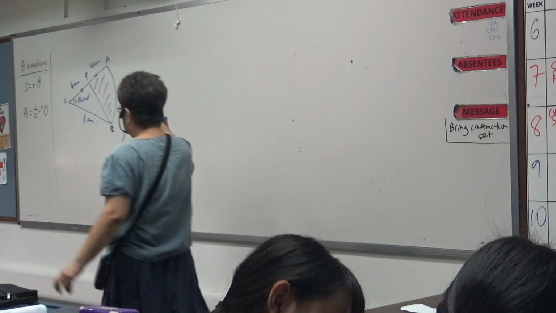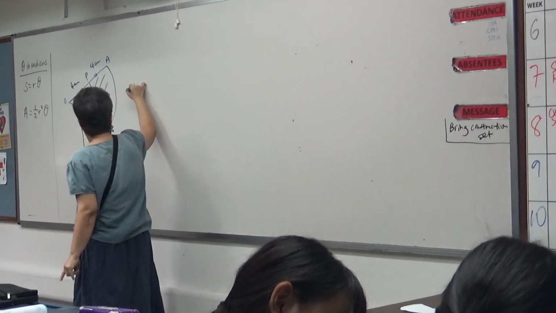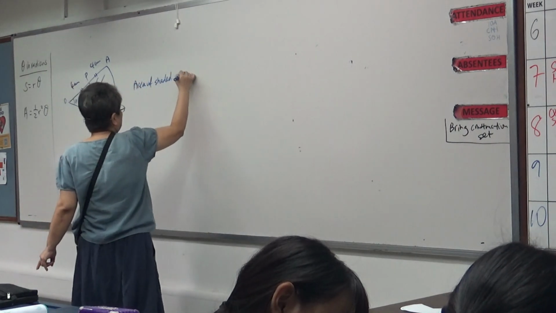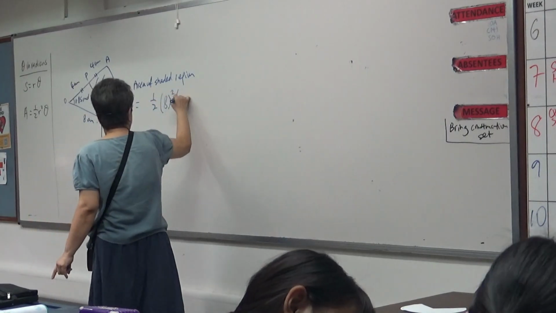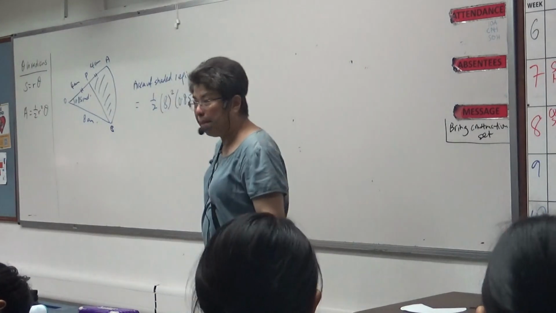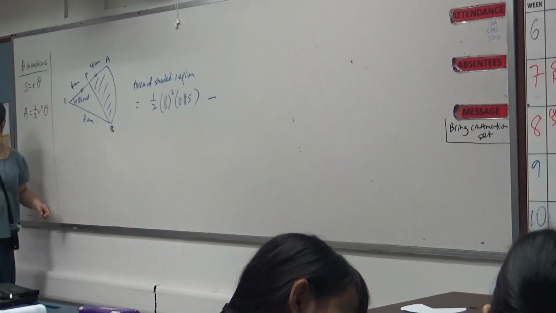Okay, how to find area of sector? All of you look up. I'm going to say something here that's important. Area of shaded region will be half r squared theta, am I right? This is the whole sector, right? Minus, now, how do I find area of this triangle?